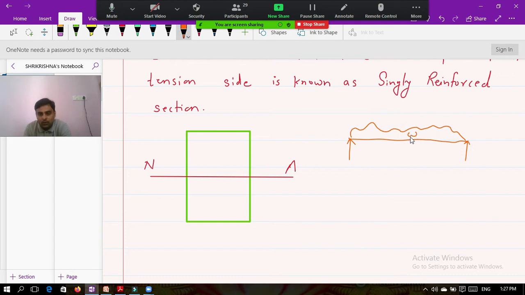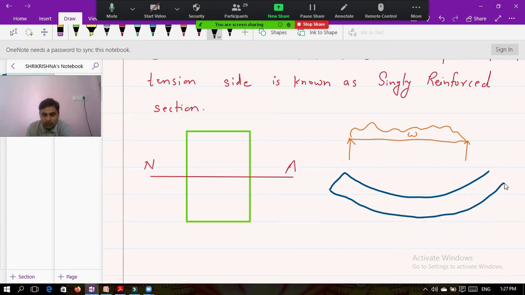Then this beam will deflect like this. This is the sagging, the deflection profile of the beam.